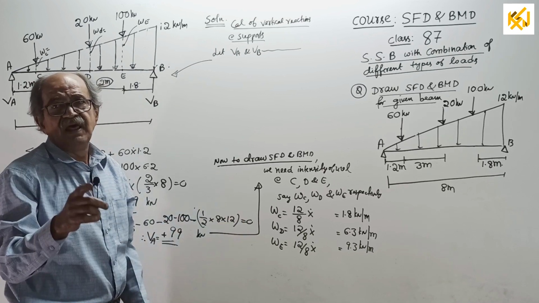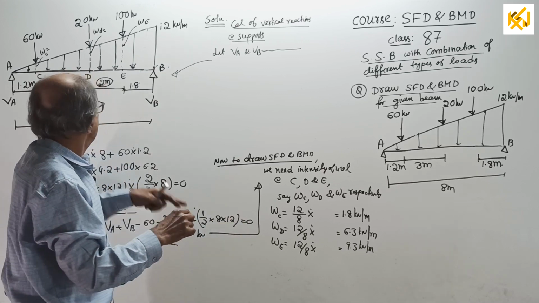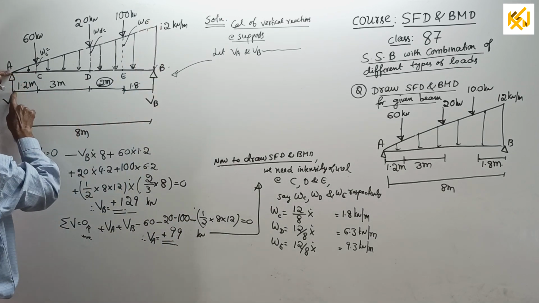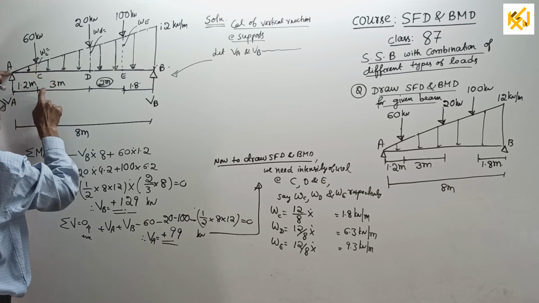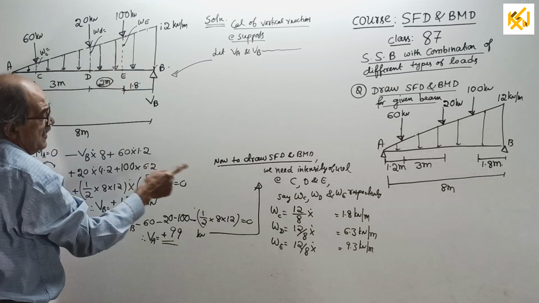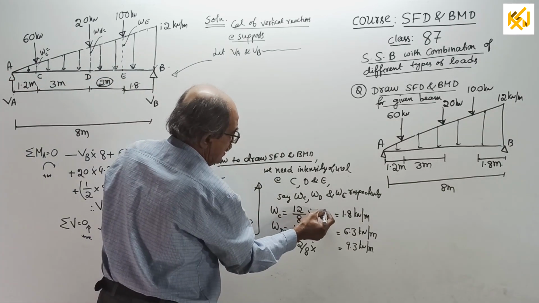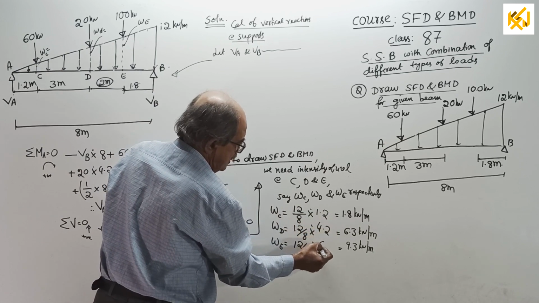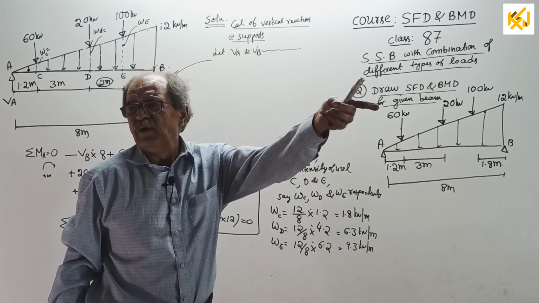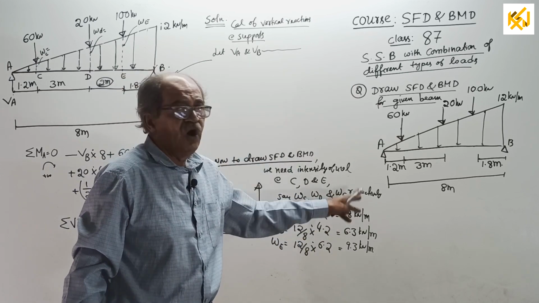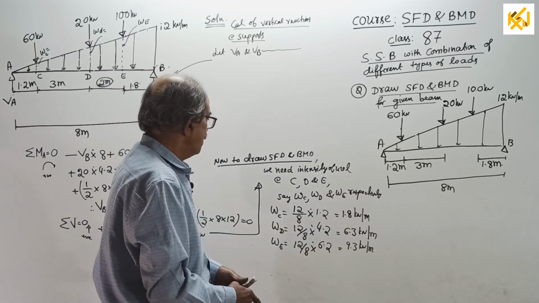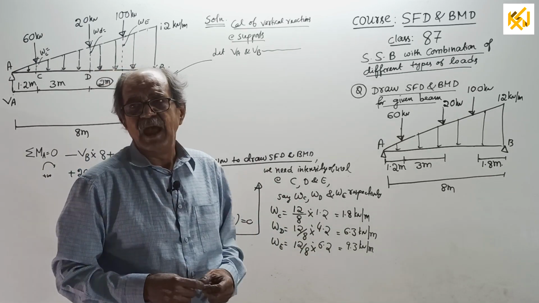See, mathematical concept class number 1: 12 by 8 into 1.2 will give this ordinate, into 4.2 will give this ordinate, into 6.2 will give this ordinate. I kept it pending here: into 1.2, into 4.2, into 6.2. I am not explaining this because separately I have given a mathematical concept class where all this is thoroughly covered, first of all at high school level. Okay, get this value. Now, we are ready for SFD and BMD.